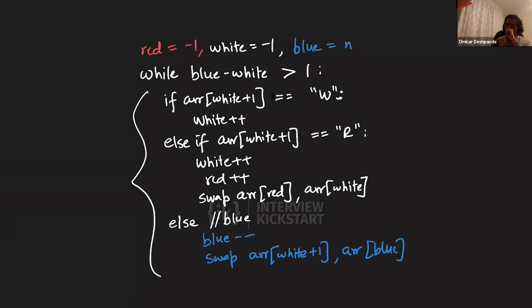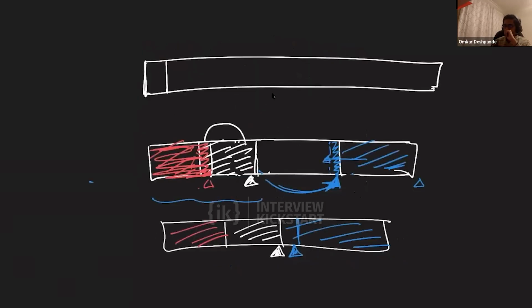Omkar, is it fair to say the number of swaps in Lomuto and Hoare partitioning are the same, or is it different? It would depend on how you implement it.